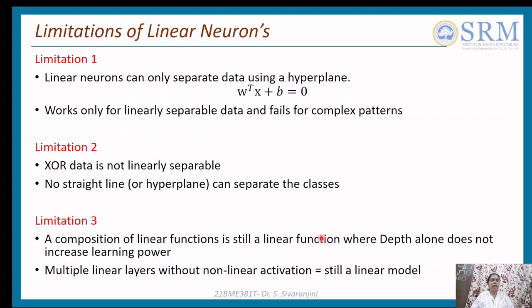The second limitation: non-linearly separable patterns cannot be solved with these networks, as no straight line can separate the classes. The third limitation: a composition of linear functions is still a linear function, so depth alone does not increase learning power. Increasing the number of layers does not give better learning. Multiple linear layers without a nonlinear activation function is still a linear model.